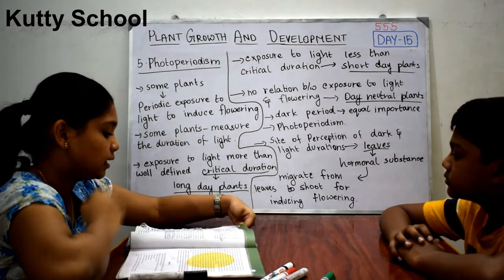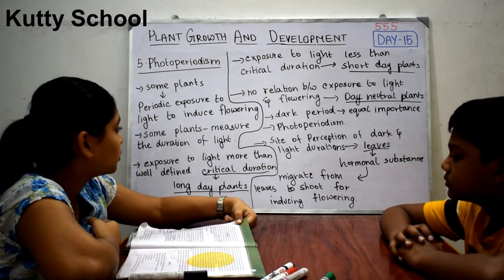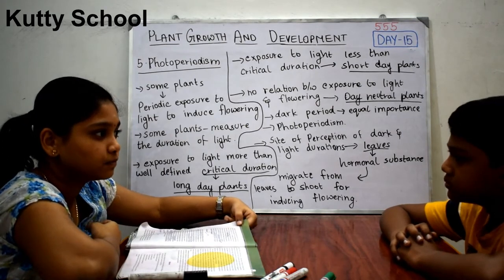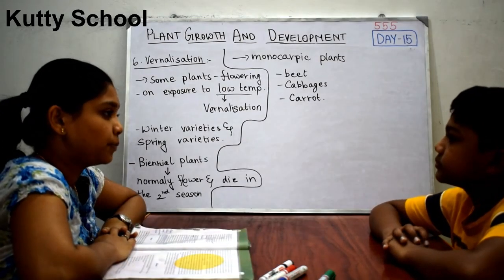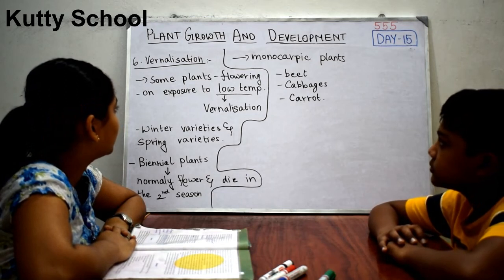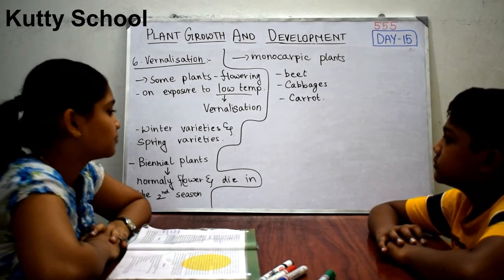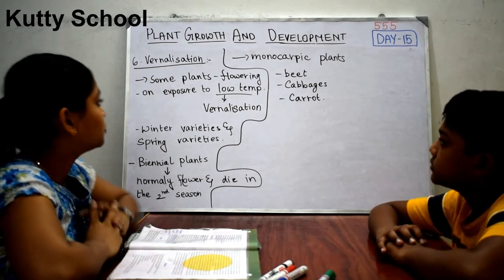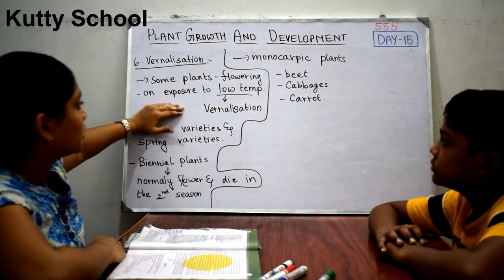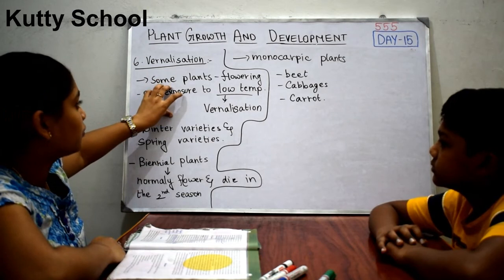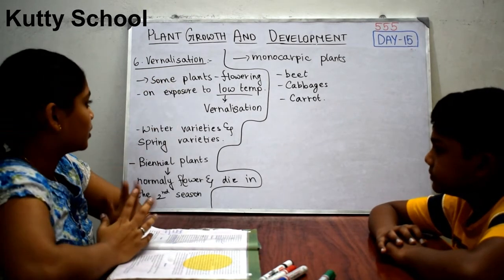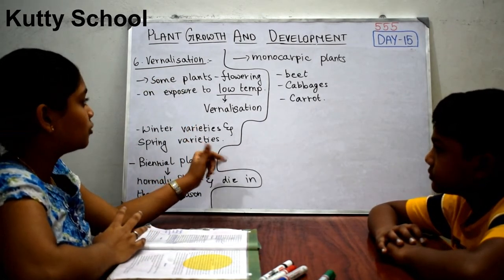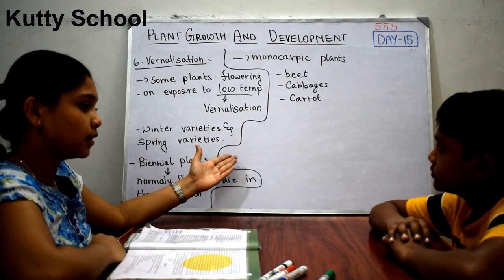Next we will see the last topic, the sixth one, vernalization. Vernalization is nothing but some plants flowering with respect to temperature. On exposure to low temperature, they initiate flowering. This condition of flowering at low temperature is known as vernalization.